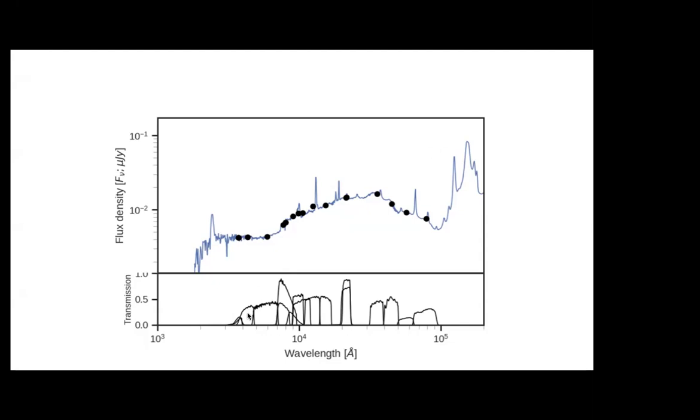Now, these filters can be divided into three categories, which is just broad, medium, and narrow. Broadband filters are basically filters that allow for a very wide range of wavelengths. So here, let's see this filter. This is IRAC channel 1, so that's with the Spitzer telescope. This is 10 raised to 4 angstroms or 1 micron, 2 micron, 3.